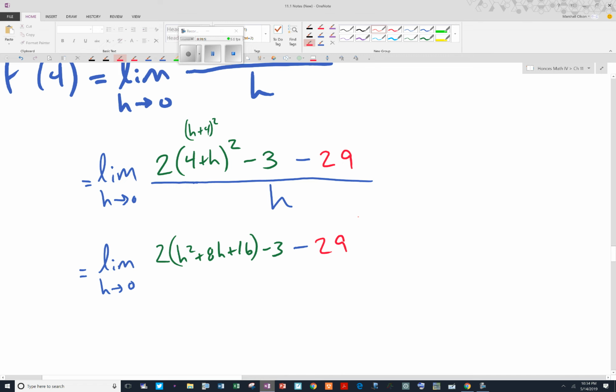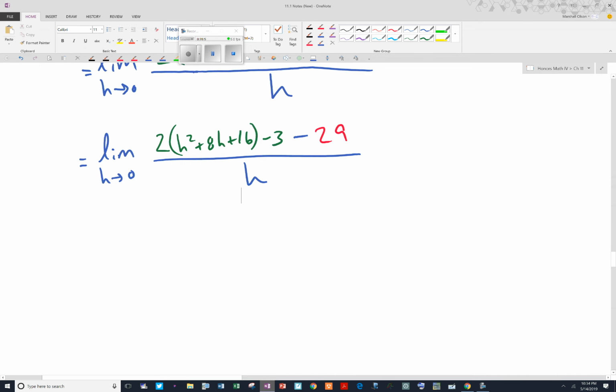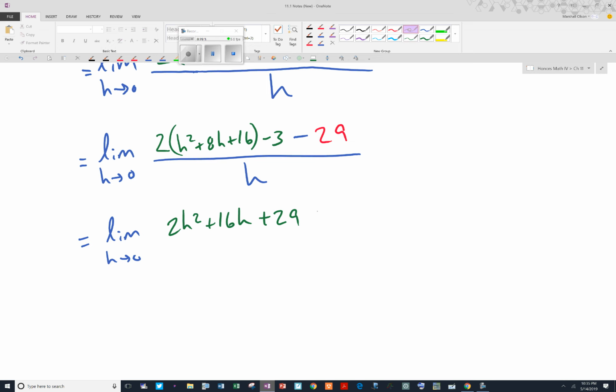So we distribute that 2 and get 2h squared plus 16h plus 32, but then we subtract that 3, so it's plus 29. Look what happens: we have that minus 29, and those two 29s obviously cancel out.